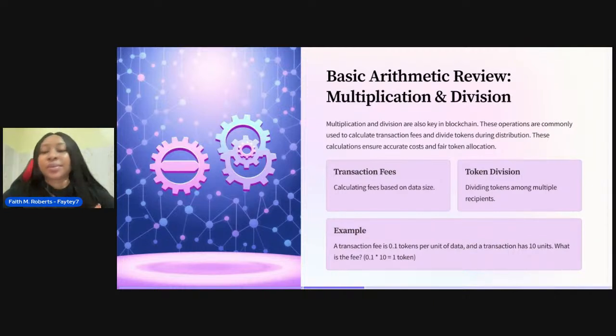Also, we see multiplication and division in terms of token division, that is dividing tokens among multiple recipients. So it is mathematics that is powering this, especially a simple example we know is the airdrops, right?